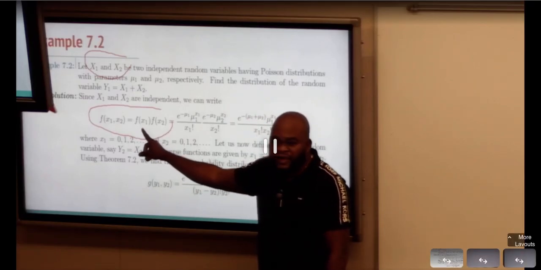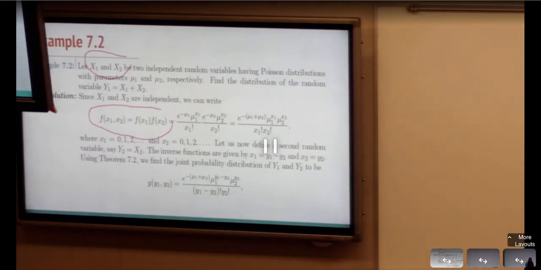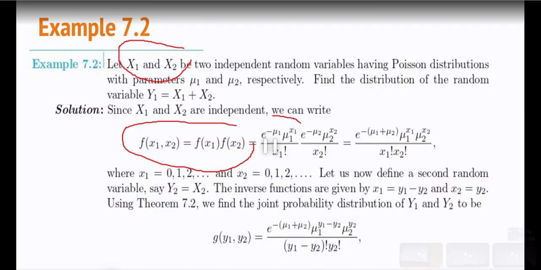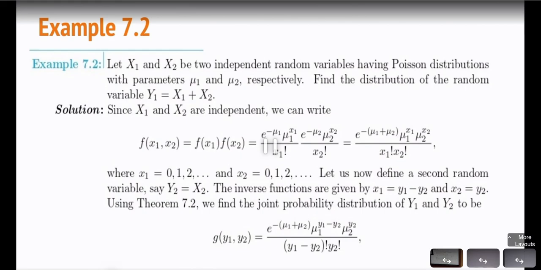Now, what is f of x1? You've been told it's Poisson. That's why you have this guy. And they told you it's Poisson with a parameter mu1, which is this guy. Then x2 is a Poisson with parameter mu2, which is this guy. Multiply them, mathematically speaking, you're actually going to have this guy. Now, what you have now is the joint of the old variables. Joint for the old variables, x1 and x2.